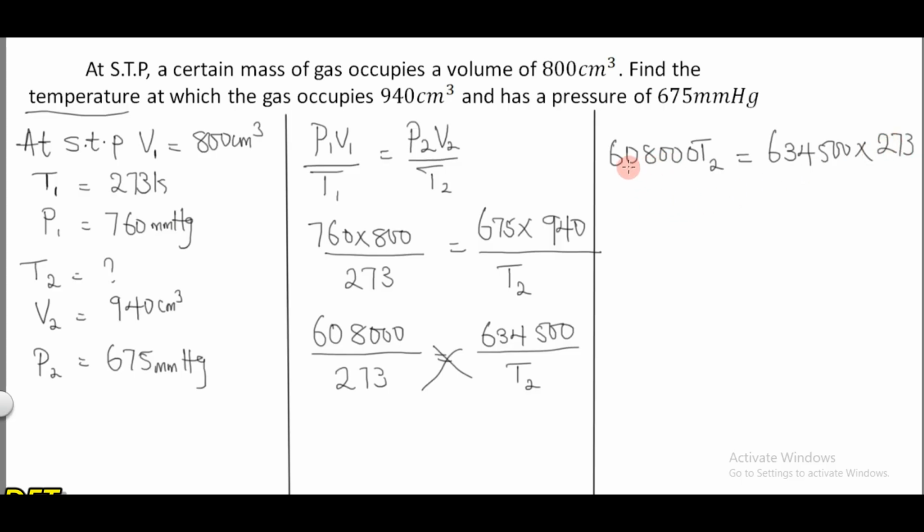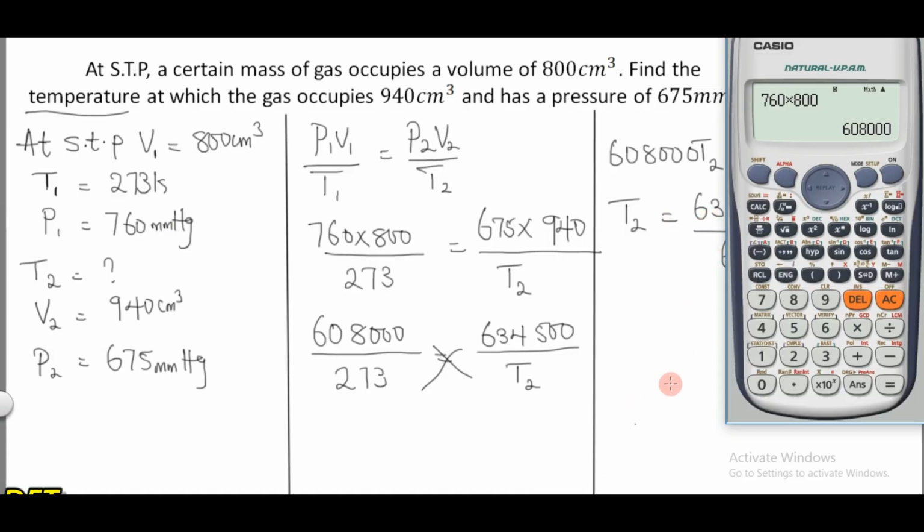Next I will divide both sides of the equation by the coefficient of T2, which is 608,000. So my T2 will be equal to 634,500 times 273 divided by 608,000. Then the next thing is just to punch your calculator and get your answer.